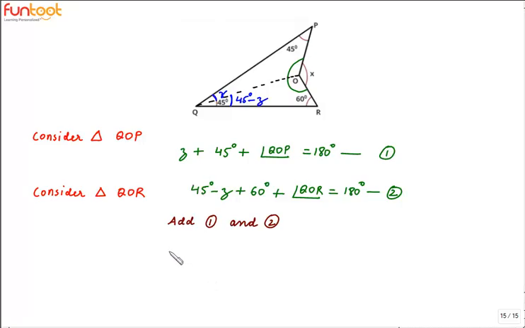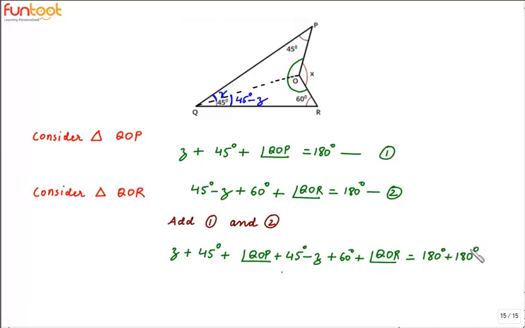So here adding the LHS, we'll have Z plus 45 degrees plus angle QOP plus 45 degrees minus Z plus 60 degrees plus angle QOR is equal to, now adding the RHSs, so here we will have 180 degrees plus 180 degrees.